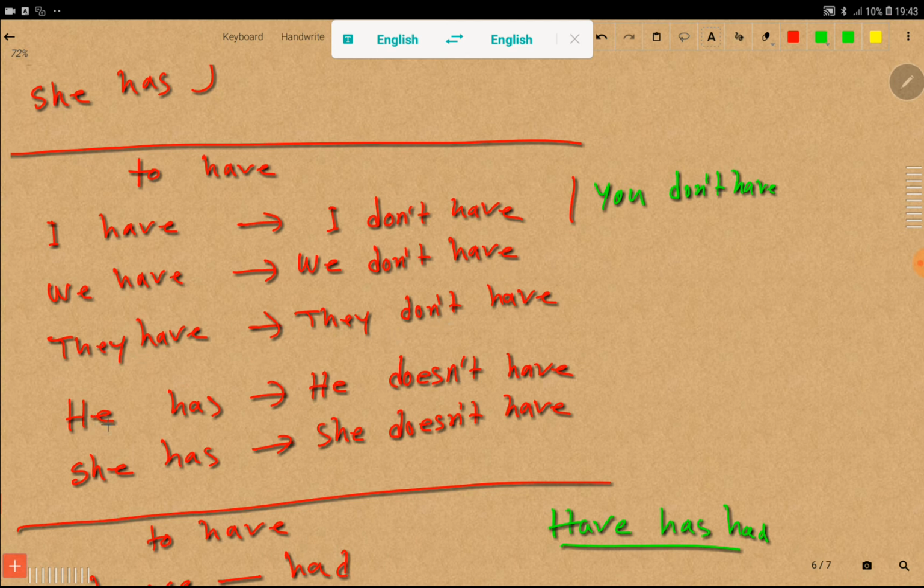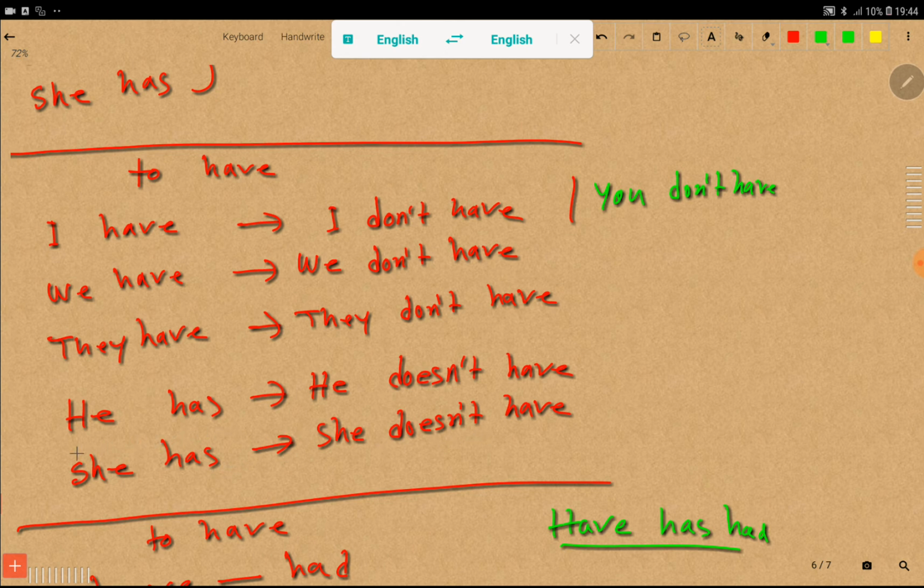Look at here. He has. What will be the negative form? He doesn't have. Look at here. For third person singular, we'll use does not or doesn't. He doesn't have. She doesn't have, right?